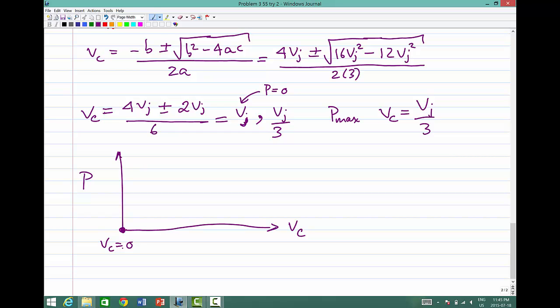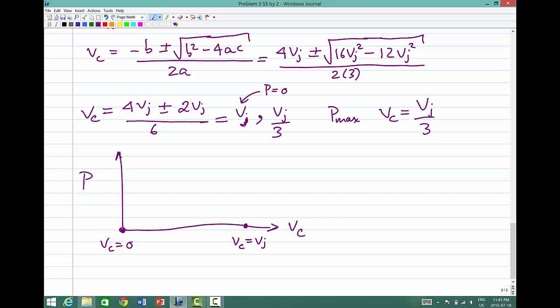You've got the highest force to restrain the cart, but the cart's not moving, so force times velocity equals 0, so you have no power. Similarly, out here, where you have the cart velocity equal to jet velocity, you have no fluid crossing the control volume because the cart's moving away from the jet at the same velocity, and so you have no transfer of momentum.